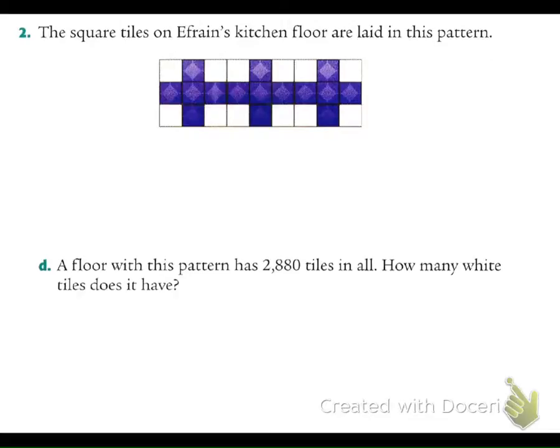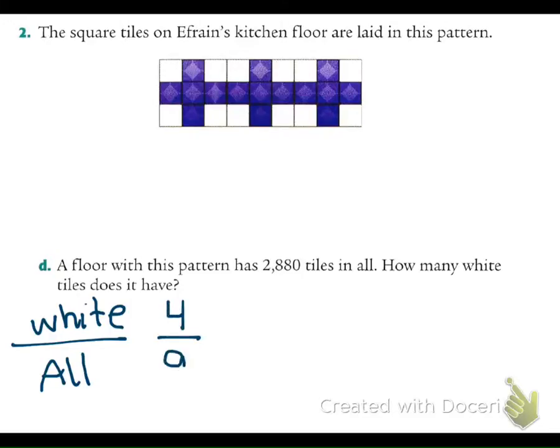All right, we want to start with white to all. Again, we've said that this is a 4 to 9 ratio. We had already simplified that in example C. Now we're saying, what about when there are 2,880 in all?